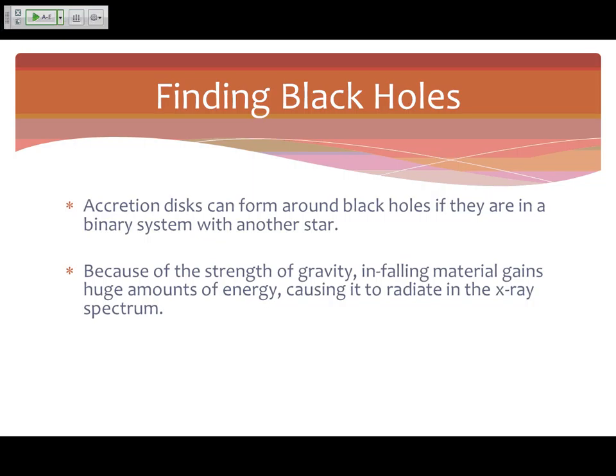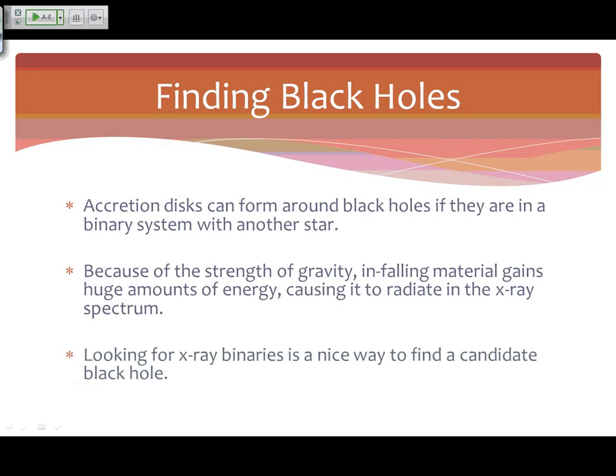So what we can do is look for what we call X-ray binaries. A binary system, a star going around something else that's emitting X-rays. If we see an X-ray binary, that's something to study, because normal binaries would just emit visible light or maybe UV radiation.